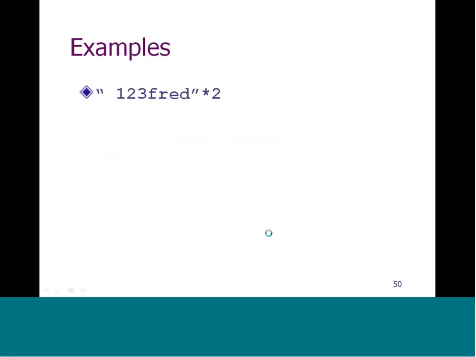Here, in quotation, it's 1 2 3 Fred times 2. What will be the output for this? This is the same as just saying 123 times 2, because the leading blank is ignored, and the trailing non-number characters are also ignored.